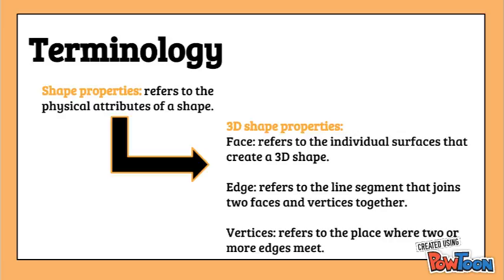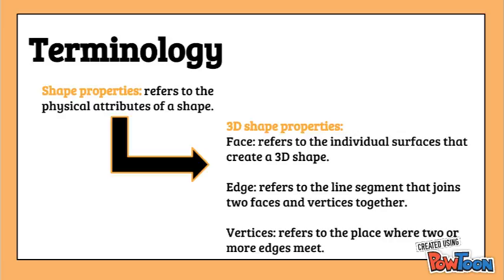Let's begin with defining some of the terminology we'll be using during this video and the tasks on Orange Star 2's keynote. Shape properties refer to the physical attributes of a shape. The following items, faces, edges, and vertices, are shape properties for 3D shapes.